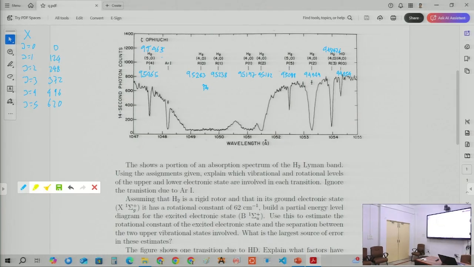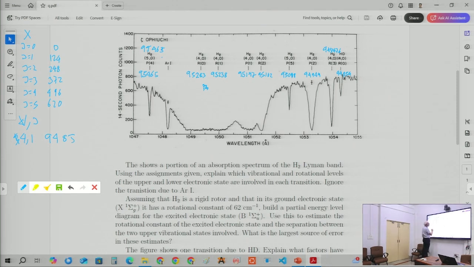Starting at the low wave number end, we've got R0, so we can go to the state. I'm going to write the upper state as Vj. The R0 line gives you J equals 1 in the upper state, and we're going to V equals 4, so it's simply that number there.